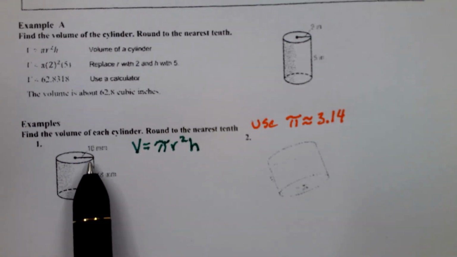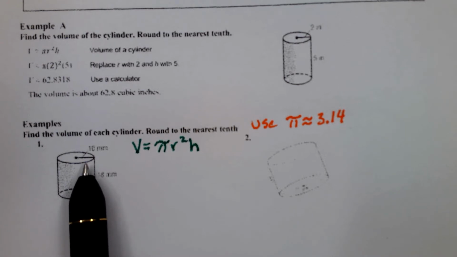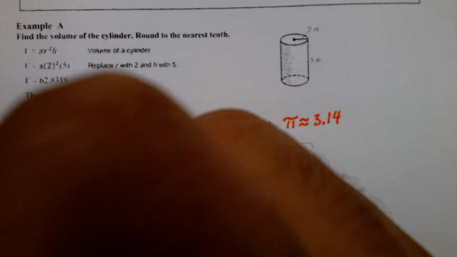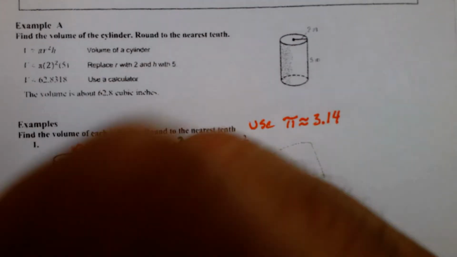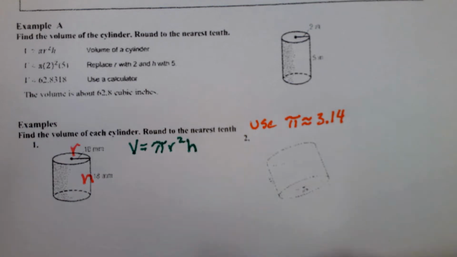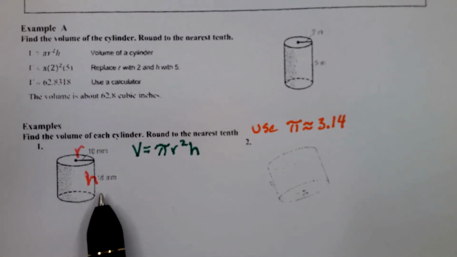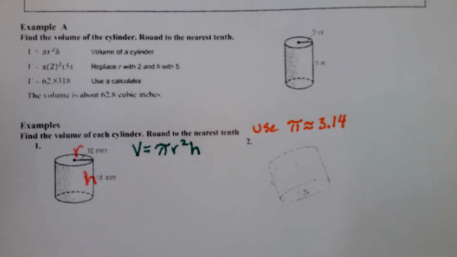We have this 10 millimeters. Is that a radius? Is that R? Yes, it goes from the middle to the edge. That is a radius. And this is most certainly a height. So we have the values we need. Let's replace R with 10 and H with 18.